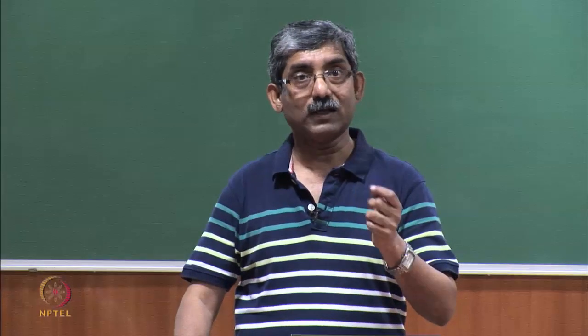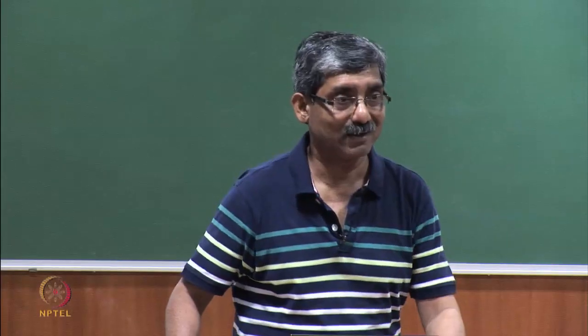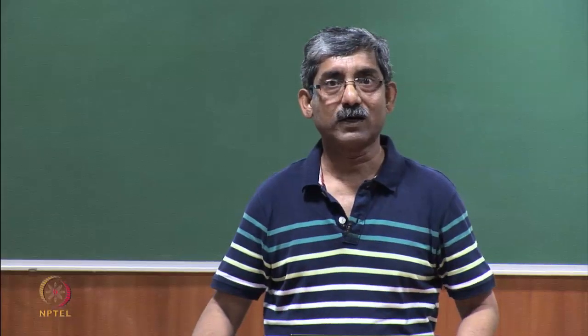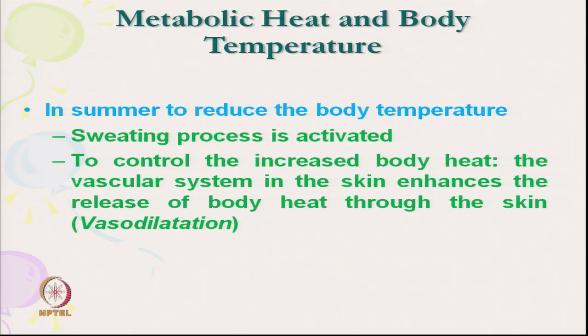On the other hand, in summer the opposite phenomenon happens in the body physiology. What is that? It starts the sweating process, through extra sweating. When we release the extra sweat, immediately by that we reduce the heat.